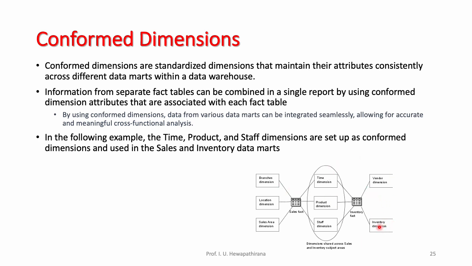So two data marts are connected because of these conformed dimensions. When we have conformed dimensions, data from different data marts can be integrated easily, and it will allow us to get accurate and meaningful cross-functional analysis. So in the same report, we can combine the information that we want from two different data marts.